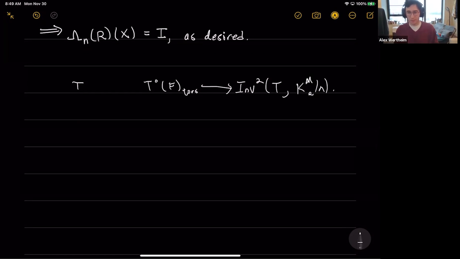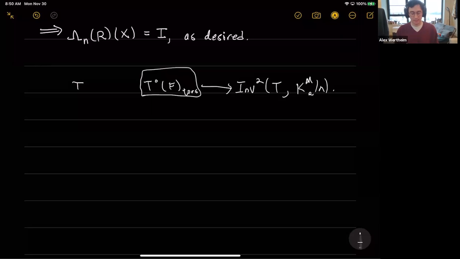And we suspect that the kernel of this map can be understood by taking a coflasque resolution of the torus T and looking at the image under this map of the torsion points over the base field of the dual of some quasi-split torus in the resolution. But anyway, the point is that up to some kernel, we suspect that the invariants look like these torsion points of the dual.